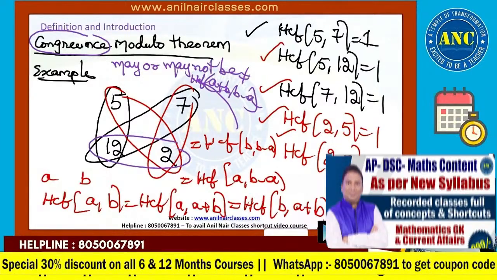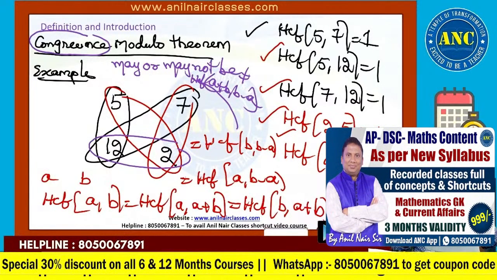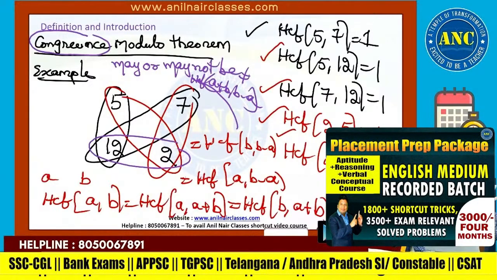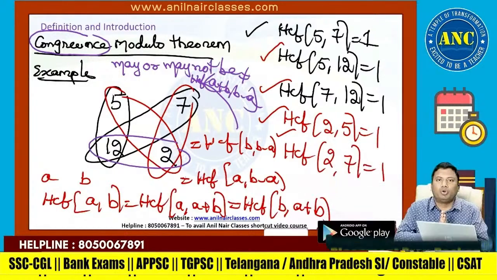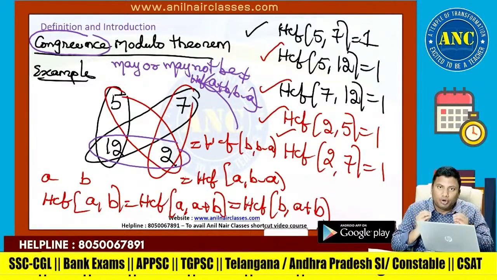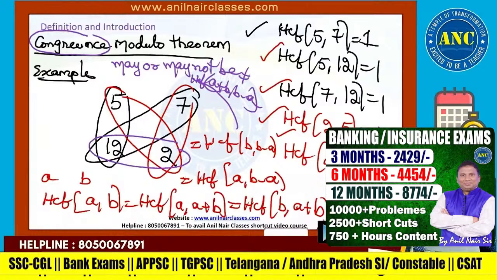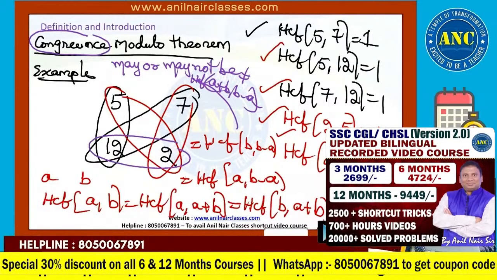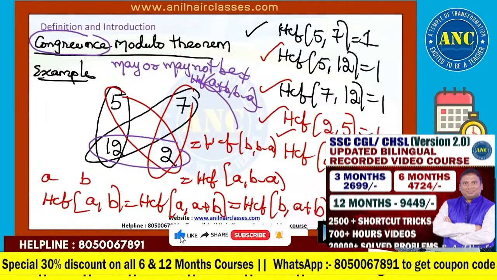Listen carefully to my statement. Take two natural numbers A and B. HCF does not change if you do HCF with the sum of two numbers, or with the subtraction of two numbers.